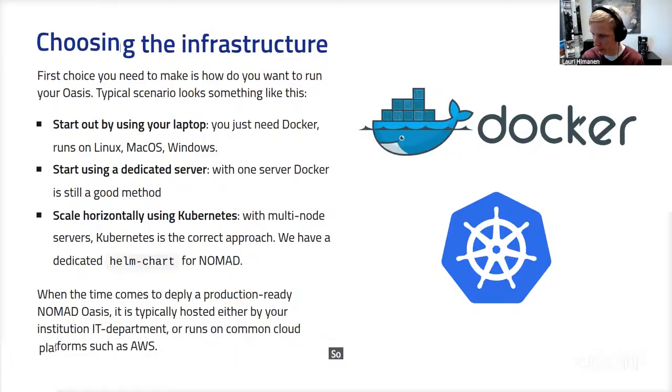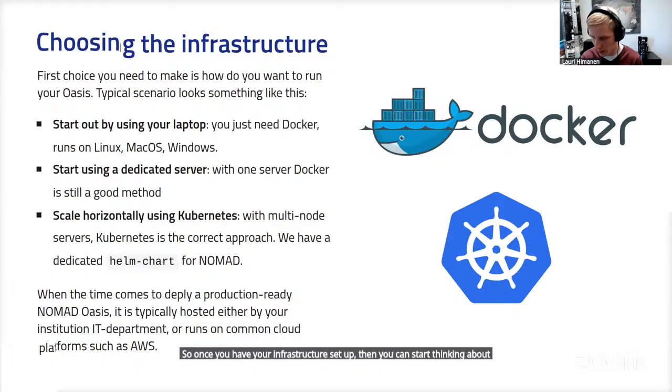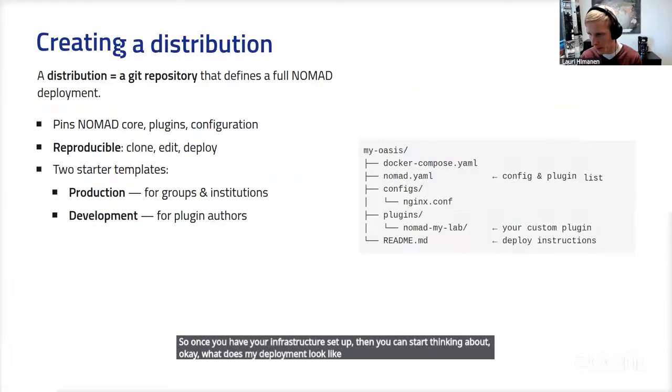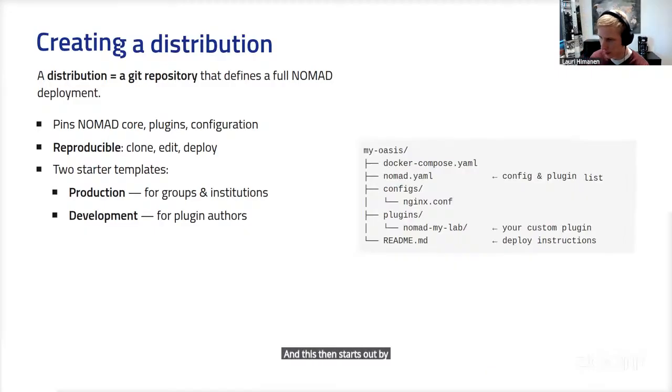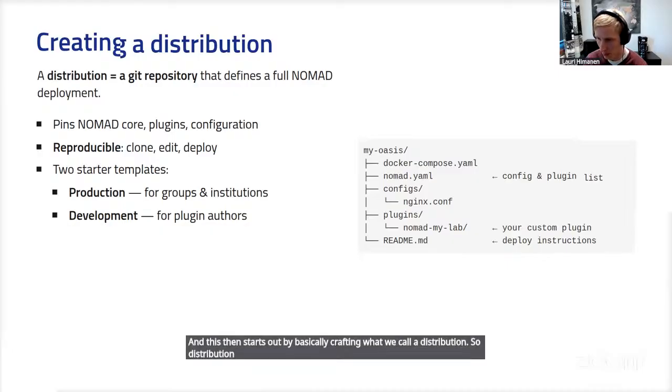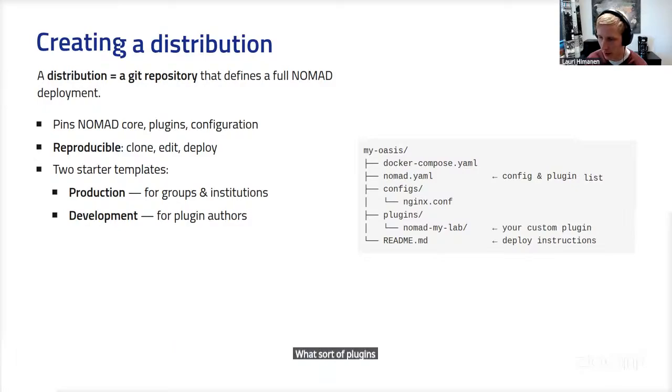So once you have your infrastructure set up, then you can start thinking about, okay, what does my deployment look like? And this starts out by crafting what we call a distribution. A distribution is a Git repository that defines what your Nomad deployment runs. So it sets up what sort of plugins you have running there, what the configuration is, and what sort of Nomad version you're using.